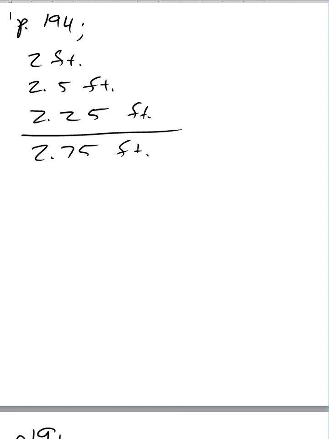Now I have to round everything to the least precise measurement, and the least precise one is this one in feet. So I have to round this to the nearest foot. So my answer would be 3 feet. Feet is my least precise measurement, and so I have to round to the nearest foot. So I have to look over here. 7 is greater than or equal to 5, so I round to 3. So my answer here is 3 feet.